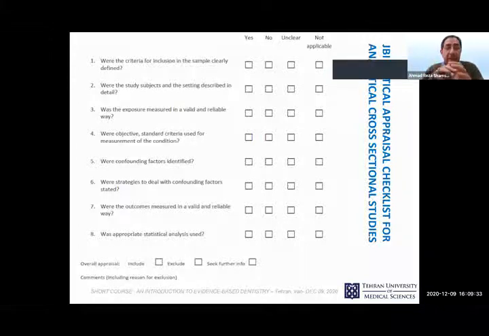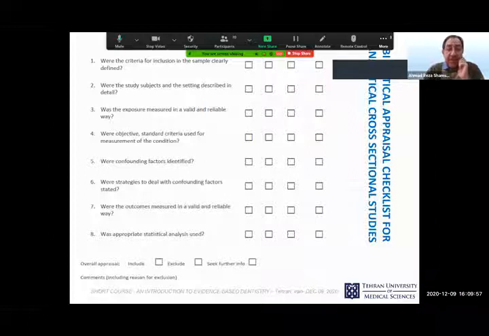If the confounders are not considered in the study, the relationship between the exposure and outcome is almost always confounded by those variables that were not considered. So confounding is very important. And after considering the confounders, the sixth question is: were strategies to deal with confounding factors stated?